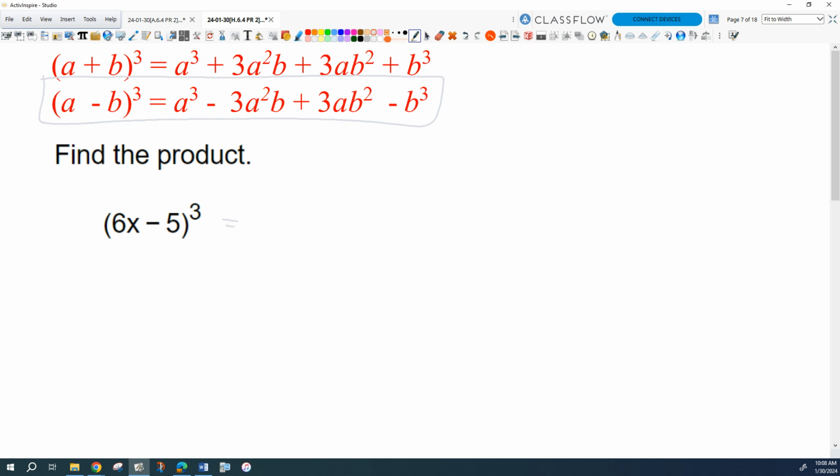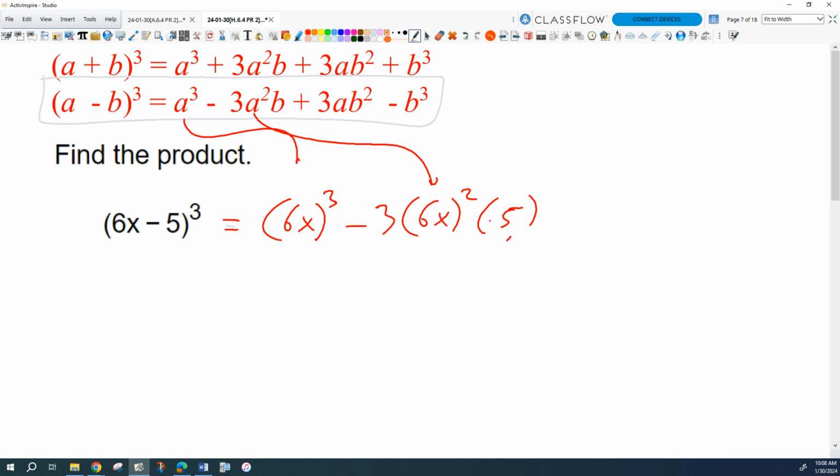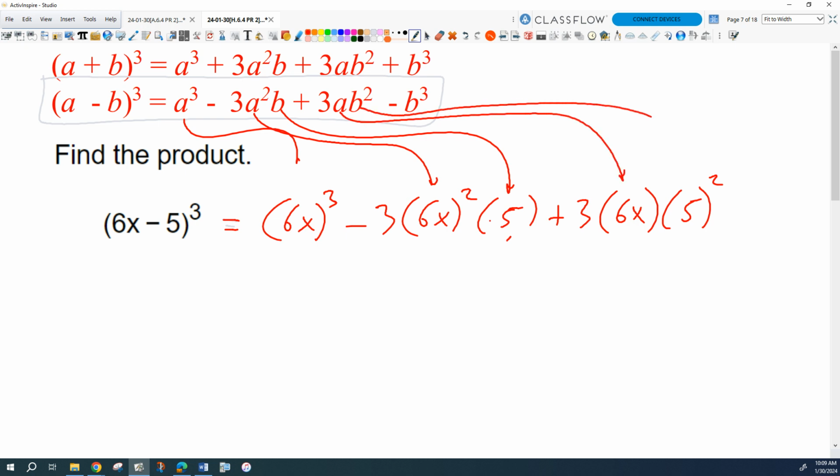So if we apply the pattern, we're going to get a cubed, which is 6x quantity cubed, minus 3 times 6x quantity squared times 5, plus 3 times 6x times 5 squared, good, and then finally minus 5 cubed, good.